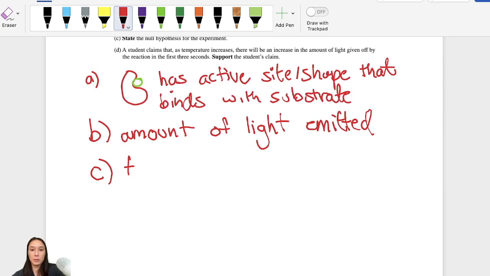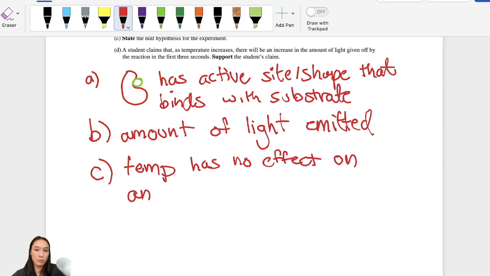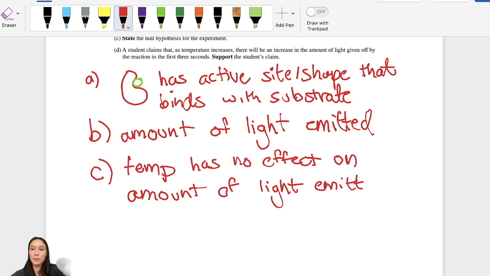You do have to include the variables in this. So what's affecting what? Temperature has no effect on amount of light emitted. Okay, so this is the null hypothesis, and you either accept or reject based on this.